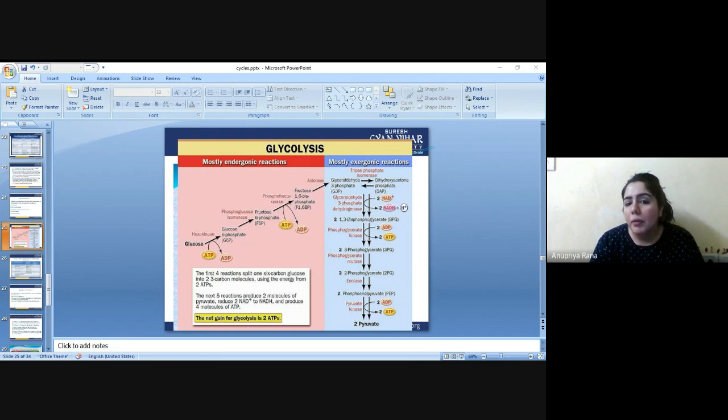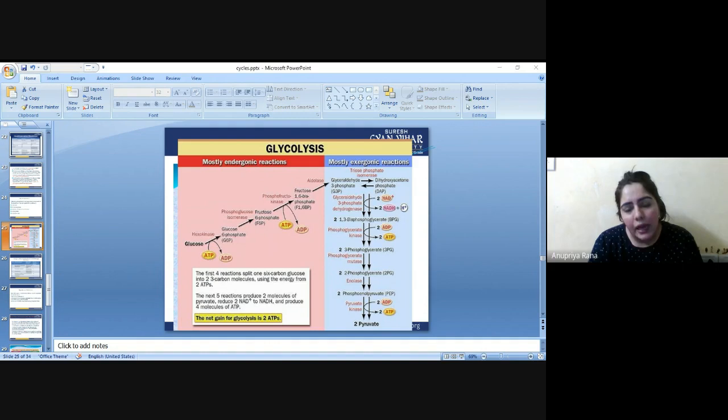That's why the number of phosphates is like 1,3. Like one particular hydrogen atom is added here. That's why this 1,3-bisphosphoglycerate, BPG, is formed.